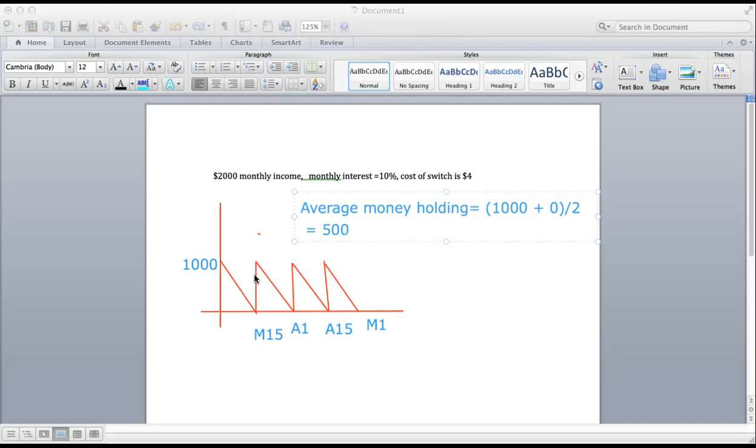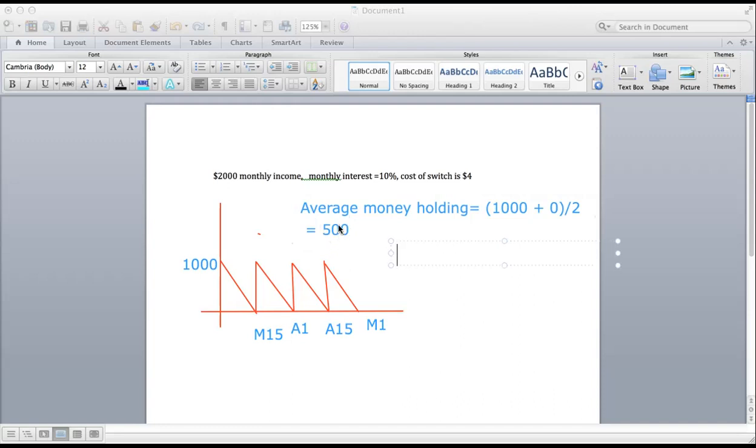Notice that this is how much money you have on average. Between the beginning of the month and the middle of the month, you have on average $500. Of course, you then sell the bonds and get $1,000, but on average till the end of the month you will have $500.